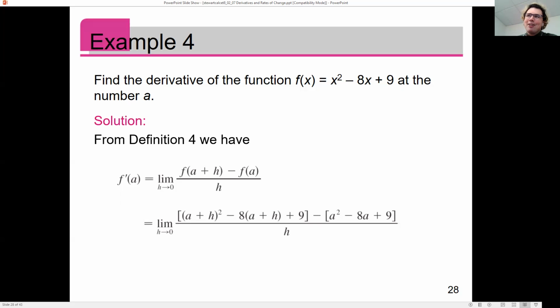That's my numerator. All of that's divided by h. Just like we saw, the denominator of this limit is going to 0. But so is the numerator. So I am expecting that there should be some cancellation here, and that after that cancellation, I can factor an h out of the numerator.